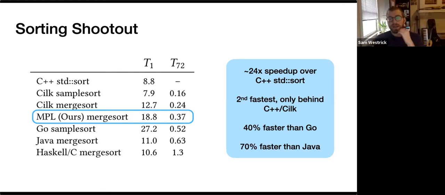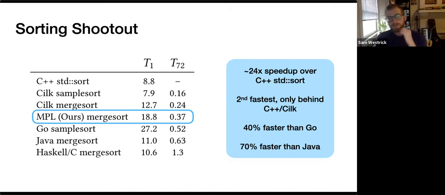And what we're seeing is that Maple is actually the fastest out of the ones that have automatic memory management. Maple, Go, Java, Haskell, all those have automatic memory management, automatic GC. And out of these, Maple is easily the winner. You might notice that the times on one core, so T1 is on one core, T72 is on 72 cores, are kind of all over the place.